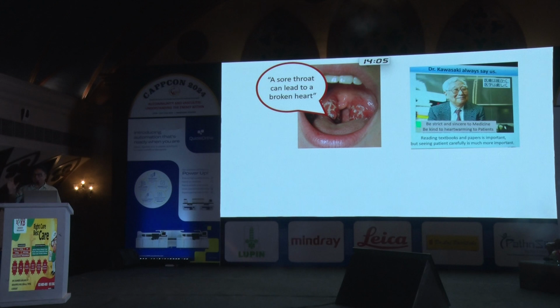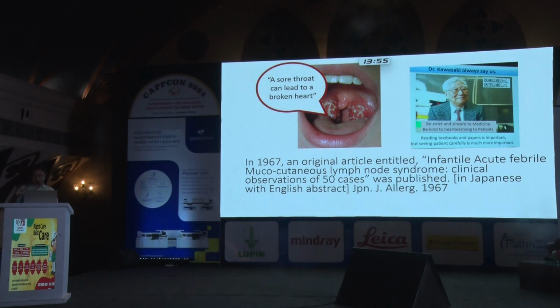So rheumatic fever, we all knew, was the most important cause of acquired heart disease till this man came into the picture with his 1967 publication on infantile acute mucocutaneous lymph node syndrome, a clinical observation of 50 cases, which was published in the Japanese Journal of Allergy.